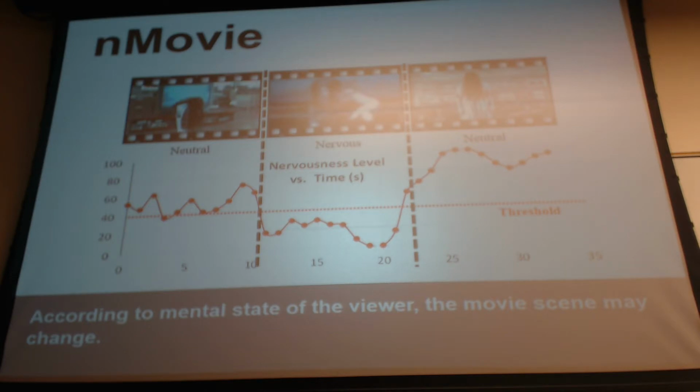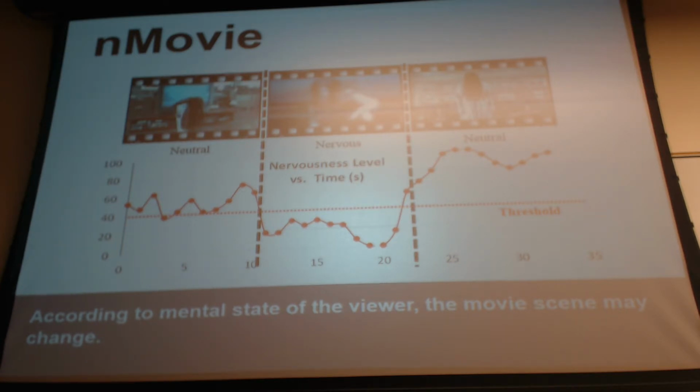So what you can do is you can have alternative endings to movies. And based on your current emotional states, you can show different versions of the movie to two different people who are watching the same movie in the same movie theater. Then after watching the movie, you can share your experience with the movie.